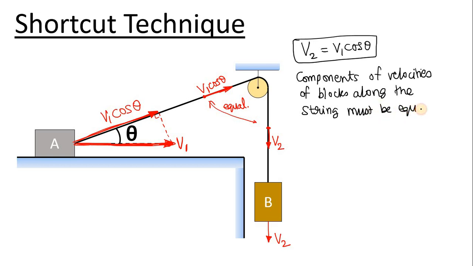For the second block we didn't need any component because that was a straight direction. But for block A, the velocity was not along the direction of the thread, so we had to take the component. Suppose for block B the velocity is also not along the thread, then you can also take the component of velocity v2 along the thread, and both should be equal. Let's continue to the next page.